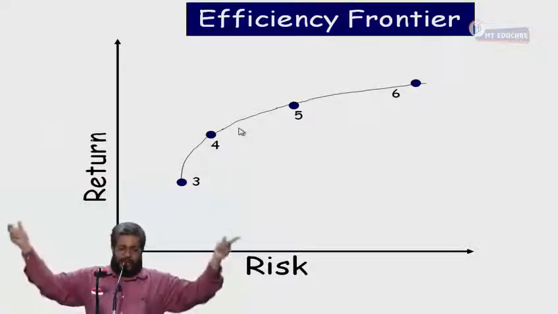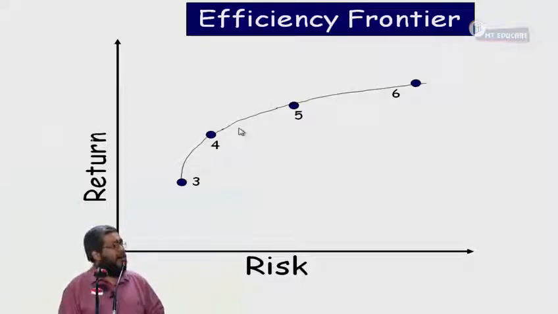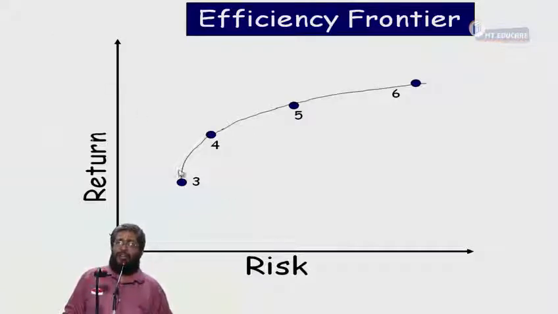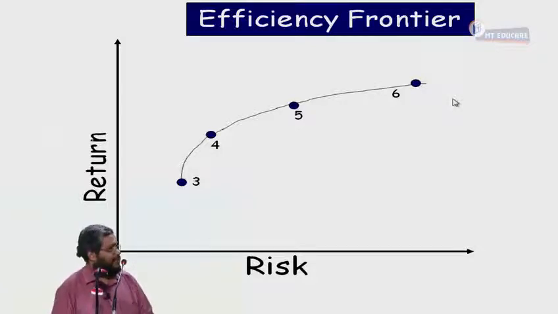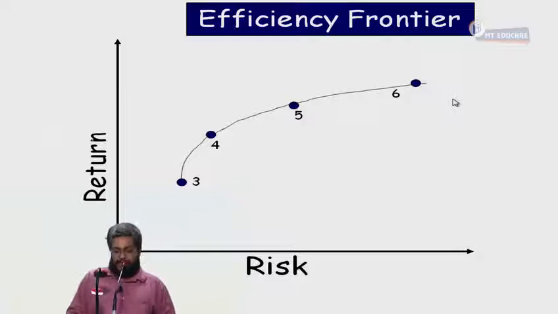If there exists no other security for this, then the security is called an efficient portfolio. Everybody yes or no? And all the points on this efficiency frontier are all efficient portfolios. Respond. Are you following or not? Now, see, very simple.